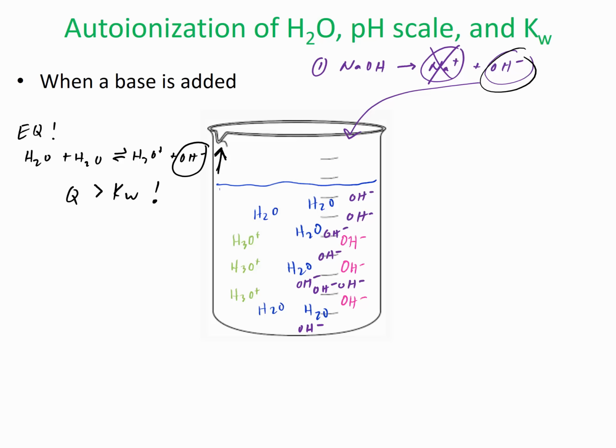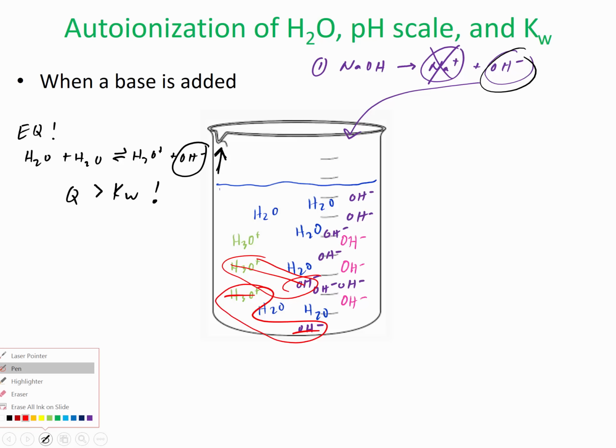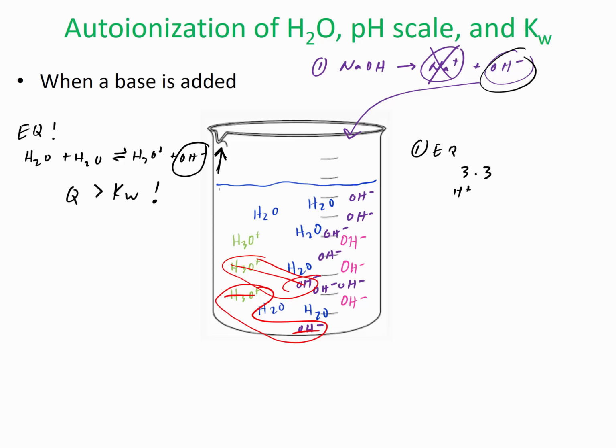So this and this are going to react, and then let's react another one, until it gets back to our magic number. It was at equilibrium. We had 3 H3O+ and 3 OH-, so my hypothetical Kw for my example is 9.